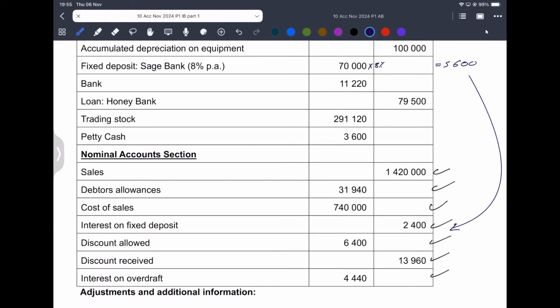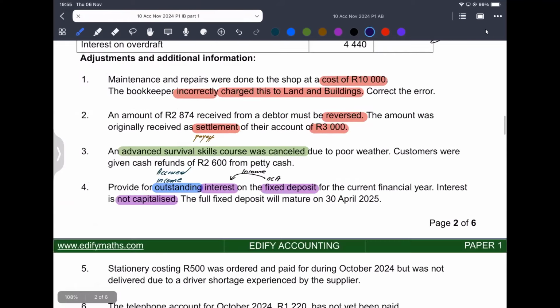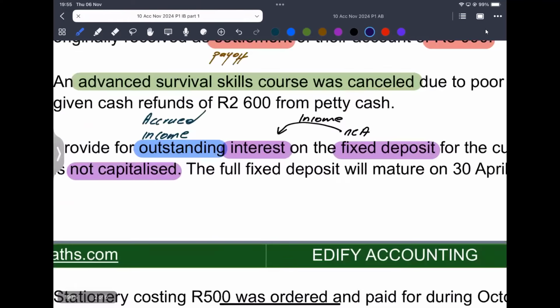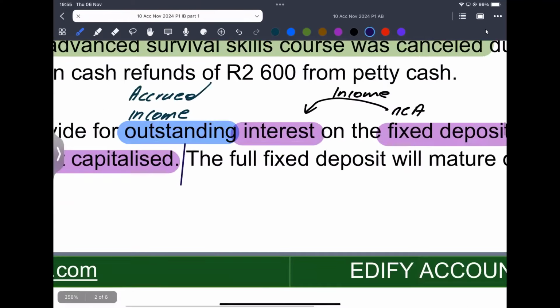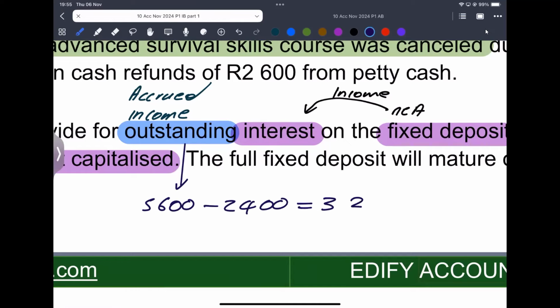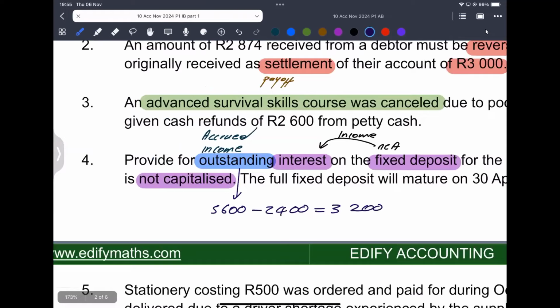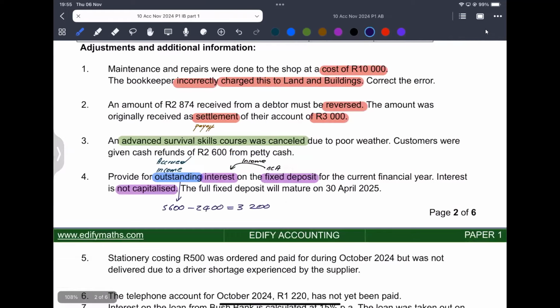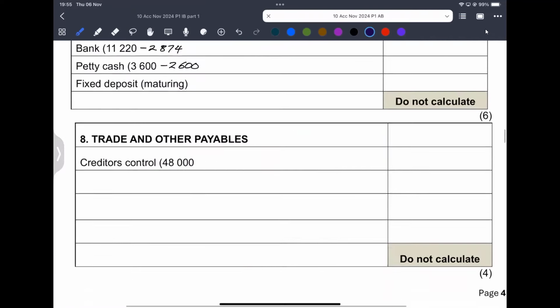It basically means that only 2,400 of the 5,600 was actually received. So the one that is outstanding will be the difference: 5,600 minus 2,400 gives you 3,200, which is outstanding. That means your interest on fixed deposit has been understated.